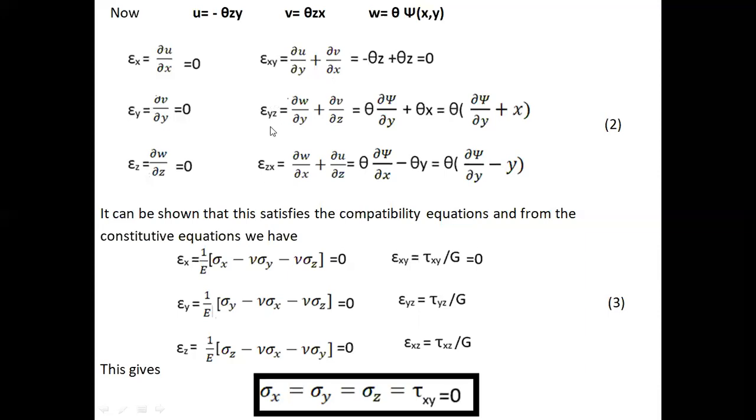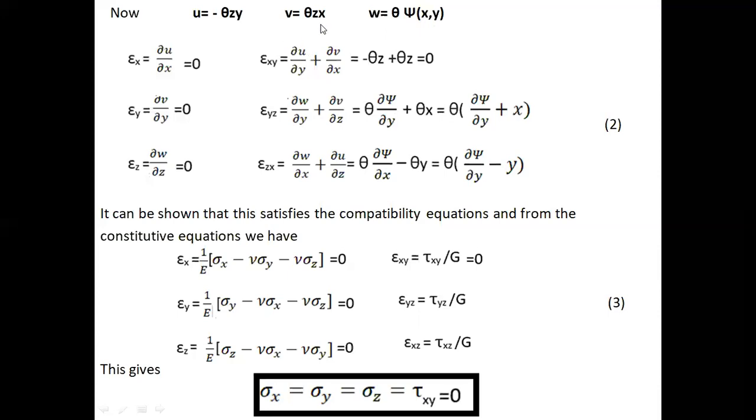So what is epsilon yz? Epsilon yz is del w by del y plus del v by del z. So del w by del y is simply, differentiating w with respect to y, theta del psi by del y. And then we have del v by del z.